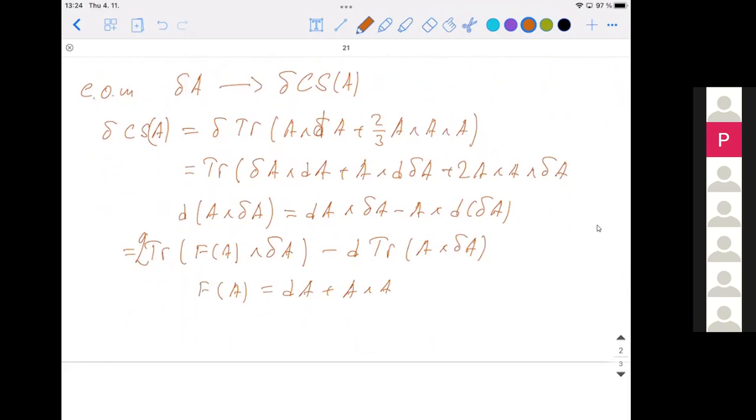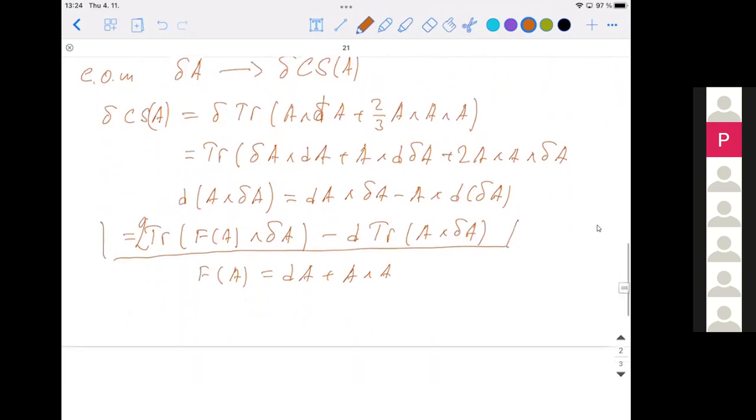So we have this, and now we can just put this result into the four-dimensional case.